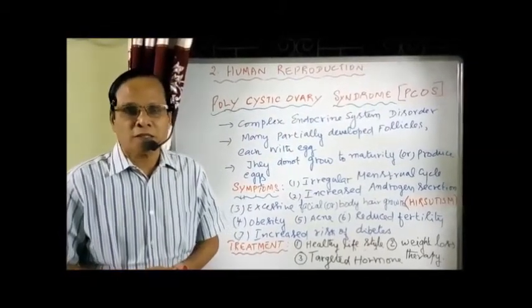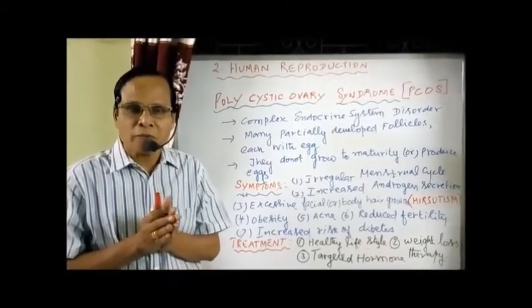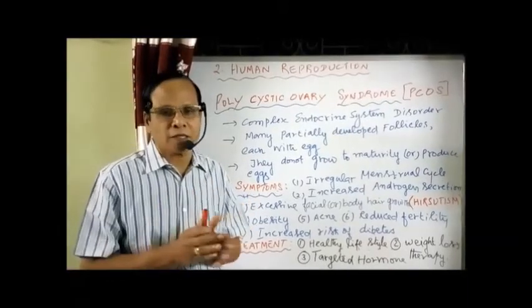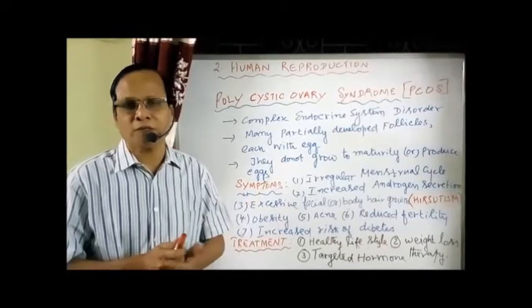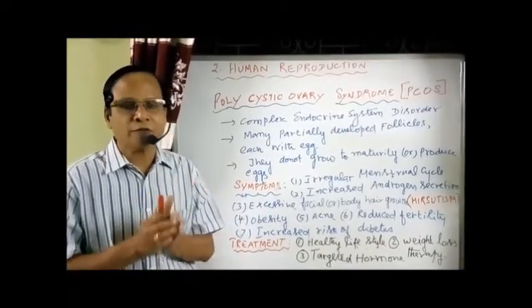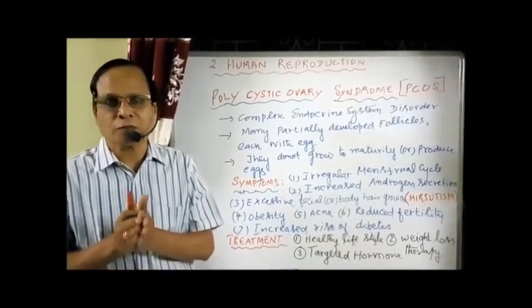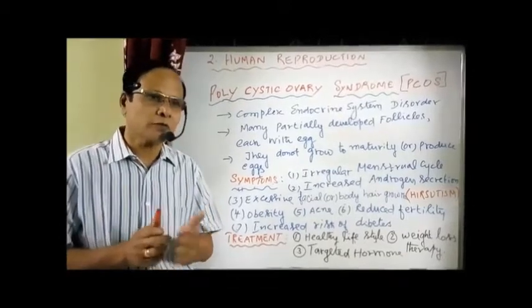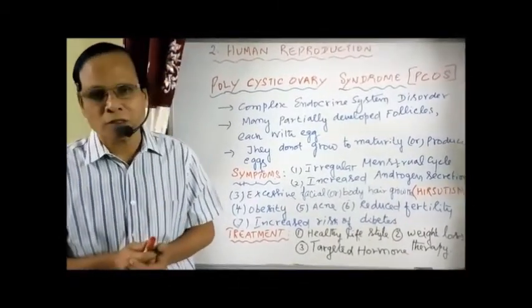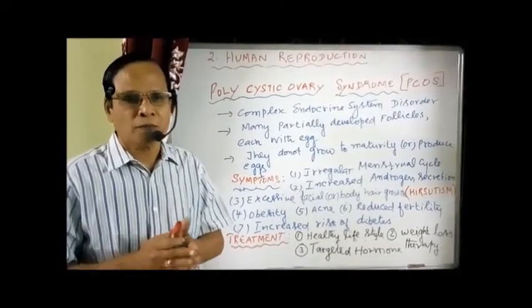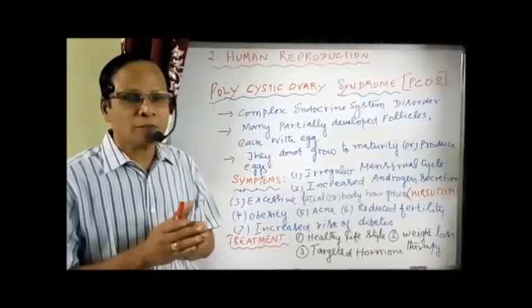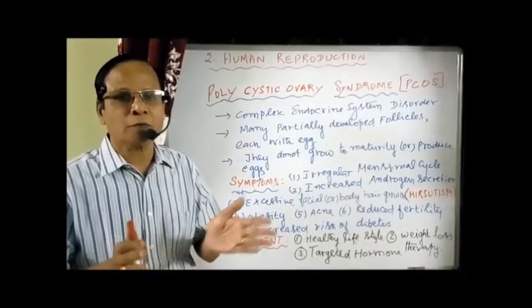It is a complex disorder of the endocrine system that affects women during their reproductive years. As I mentioned earlier, cyst means partially developed follicle, and polycystic means development of many partially developed follicles.